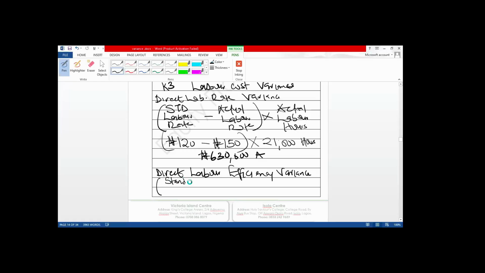Standard labor hours for actual production minus actual labor hours, multiplied by standard rate per hour.